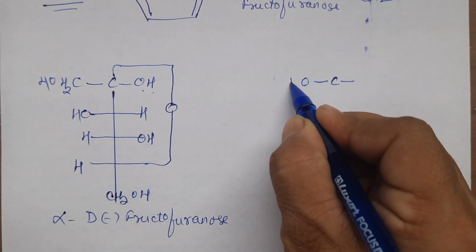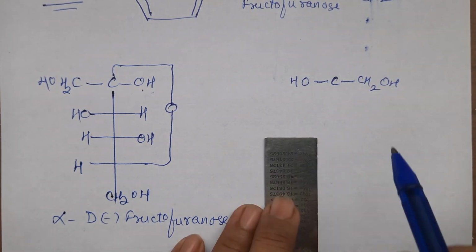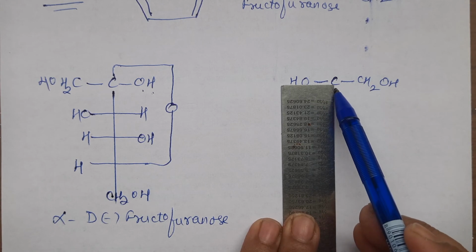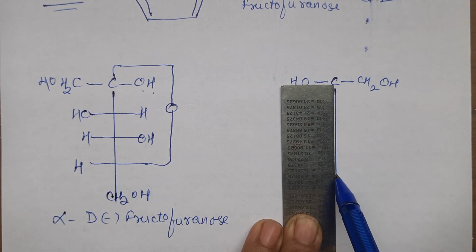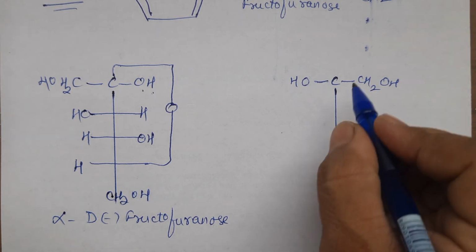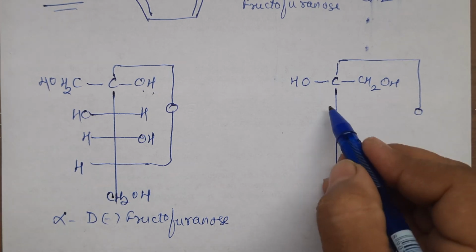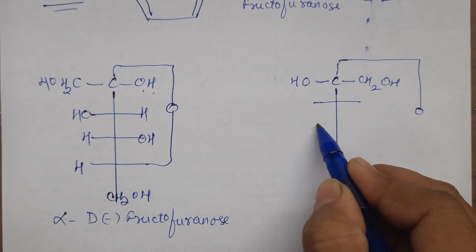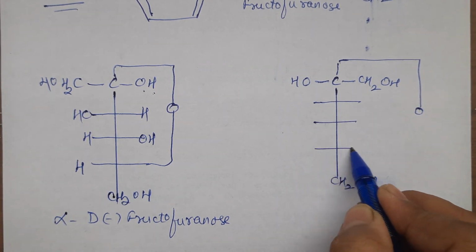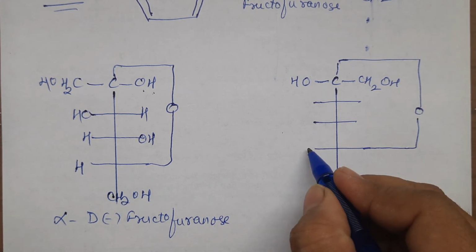Now if I make OH on the left hand side and I bring that CH2OH on the right hand side, then that becomes beta structure. That becomes beta. CH2OH. Rest everything is same. This you can show it on the right, no problem. You have to show 3 lines here. 1, 2, 3. The third line is having this OH. This O linked ring is there.